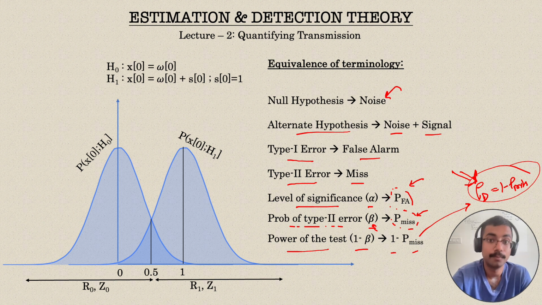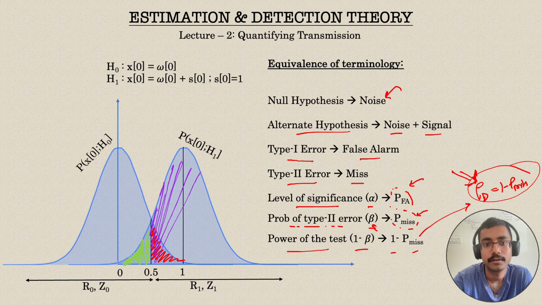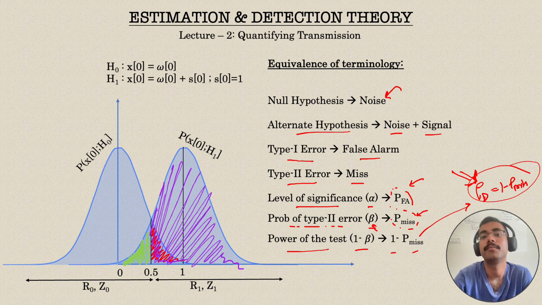The more PD we have, the more power we can claim for our particular detector. So this region can be called false alarm, or type 1 error. This region can be called type 2 error, and this entire region can be called the probability of detection, that is 1 minus probability of miss.